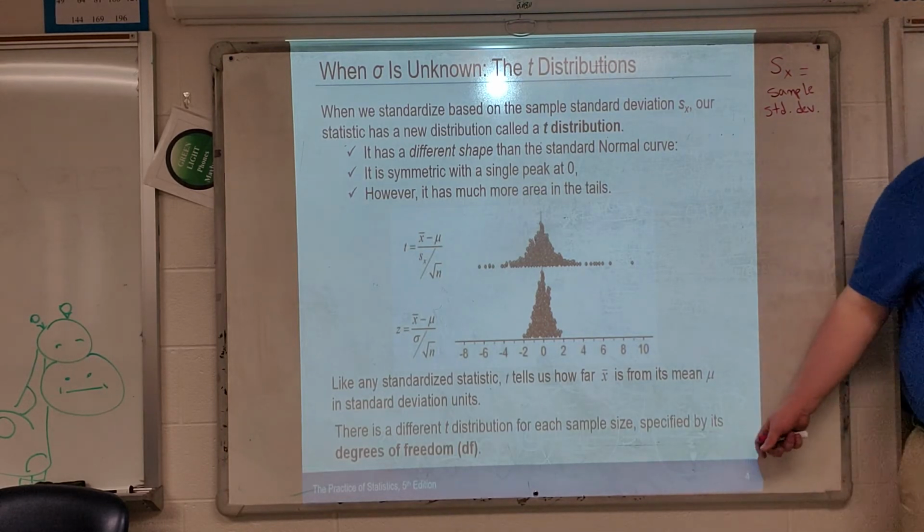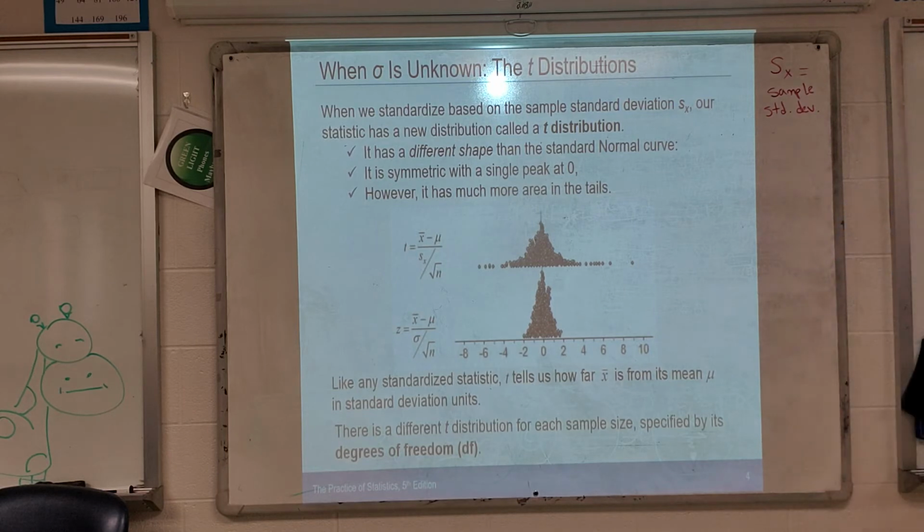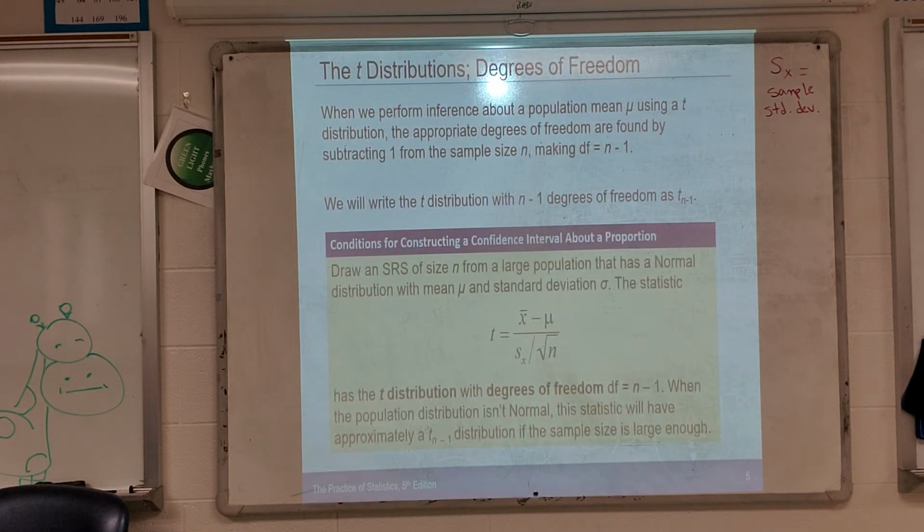We won't really get into exactly what the degrees of freedom are because that's a little bit beyond what this course is. It involves calculus. But we'll talk about what that is right here.